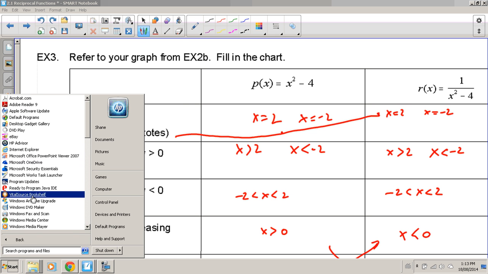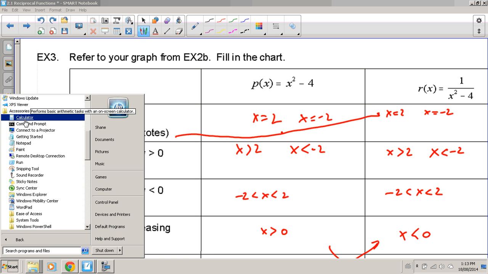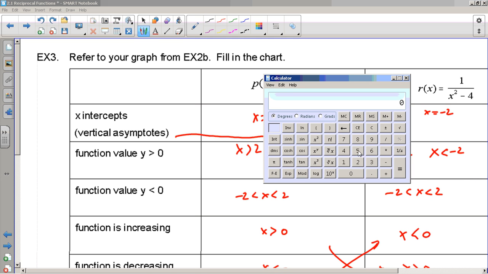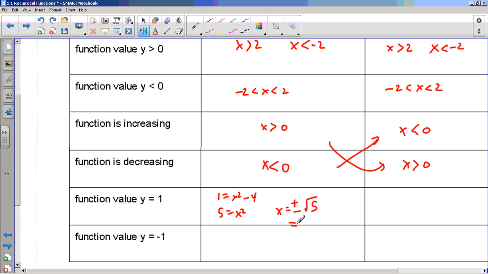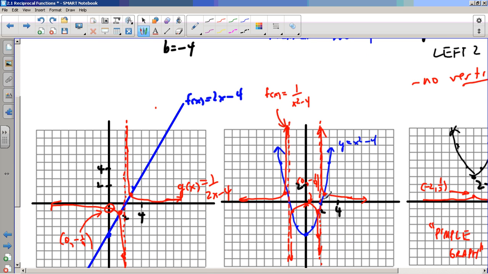Guess I could use my graphing calculator, but oh well. 5 square root. Clear. Got it. 2.23. Does that look like 2.23 on the graph? Negative 2.23? Sure it did.